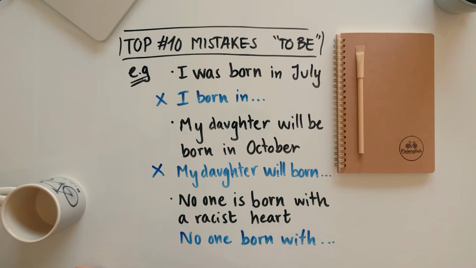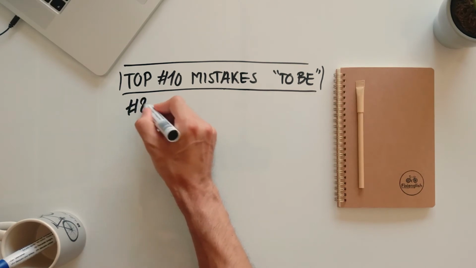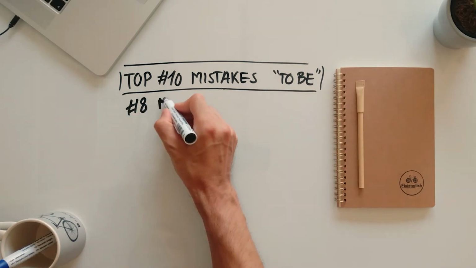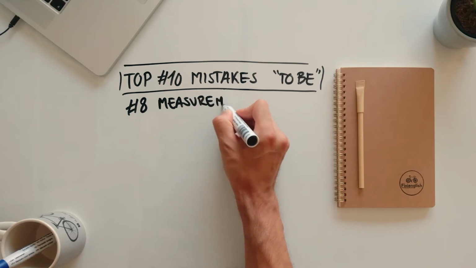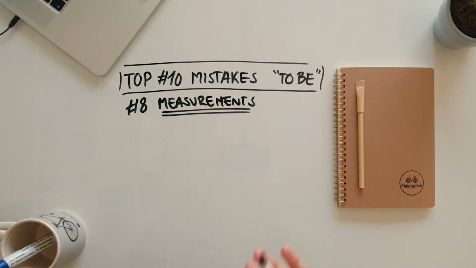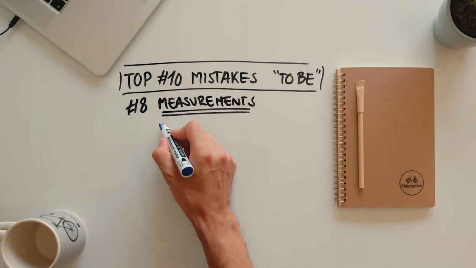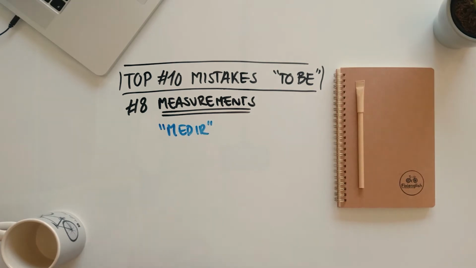At number 8, we have the use of the verb to be to express measurements. This is rather a long word. Now, what is the common problem with native Spanish speakers? Well, actually, we have in Spanish a verb which is medir to express this.